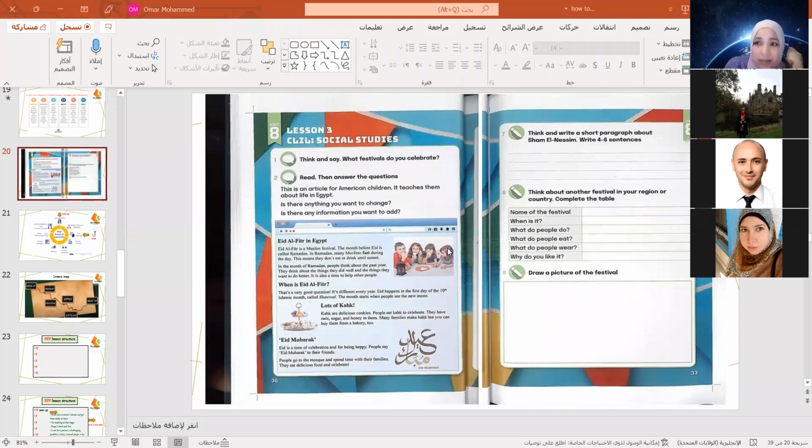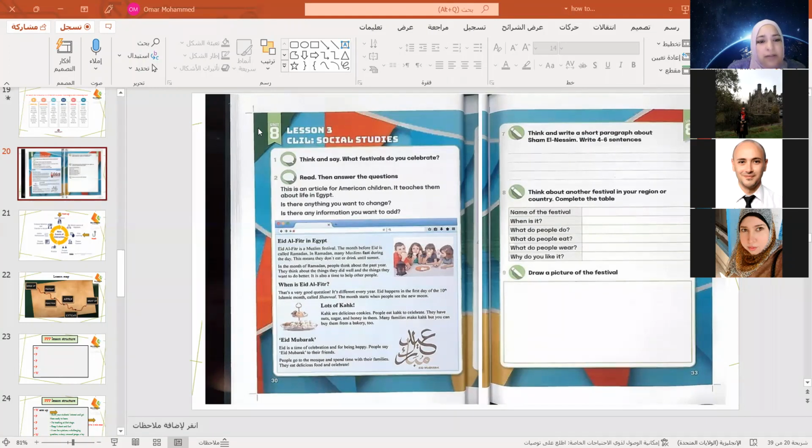When you start with something the student already knows, you can easily relate it to the new knowledge. Did you get it, Isra? Isra, did you get that? How do they celebrate, right? Yes, it's the same question.